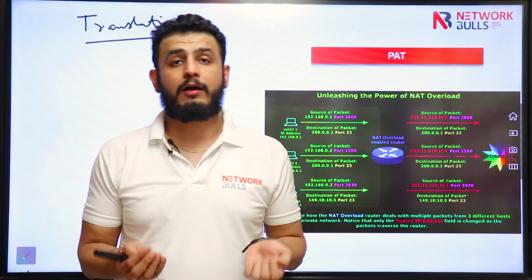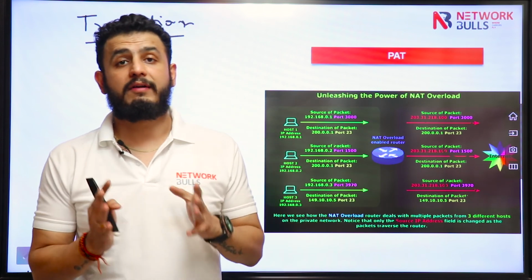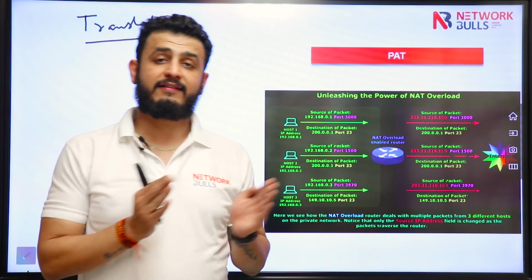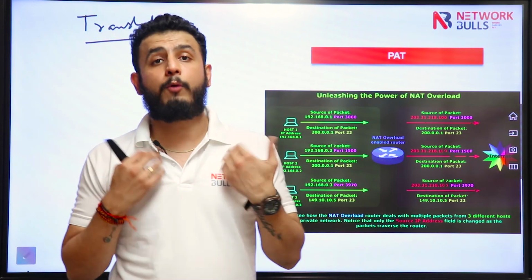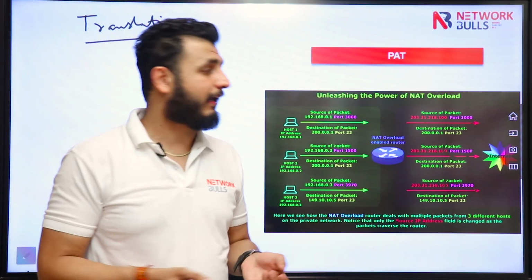So guys, whenever router will receive back the reply, router will check destination port, then it will check the translation table, and after checking the port number, router can easily categorize.